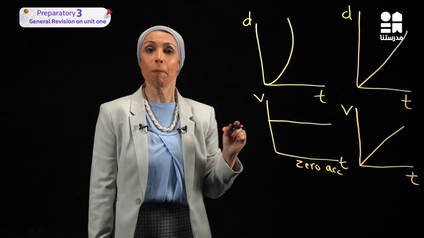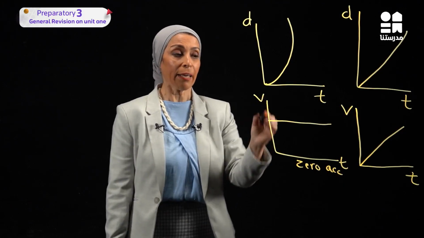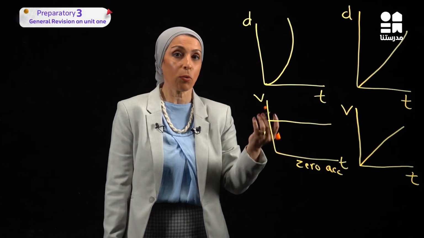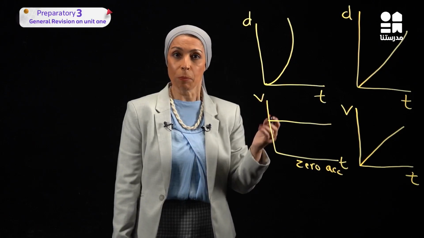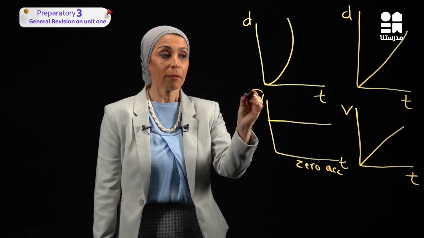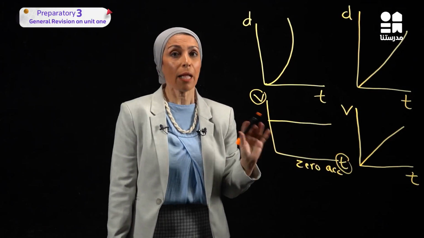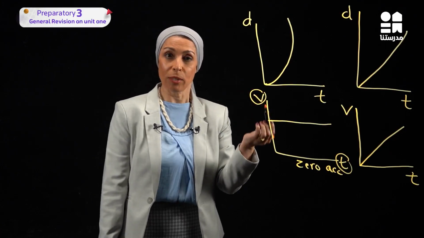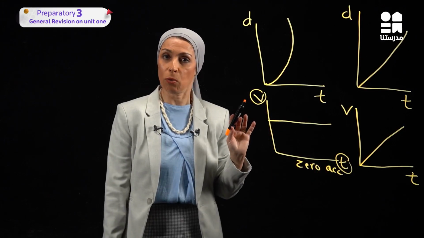This graph is very important because it's a double, 2-in-1 graph. What does that mean? Here it may represent zero acceleration, and sometimes the question says: draw a graphical relation to represent constant speed using speed and time. Will I get confused? Not at all, because I know well the relation between speed and time is acceleration.